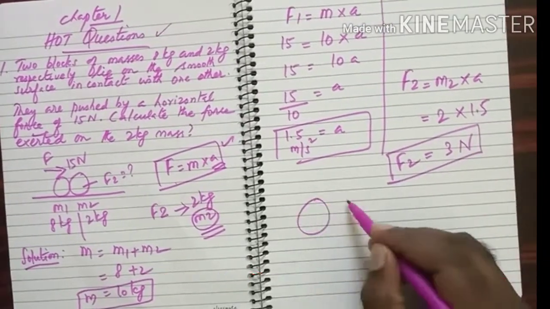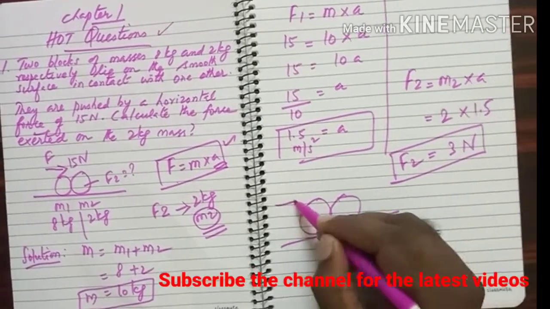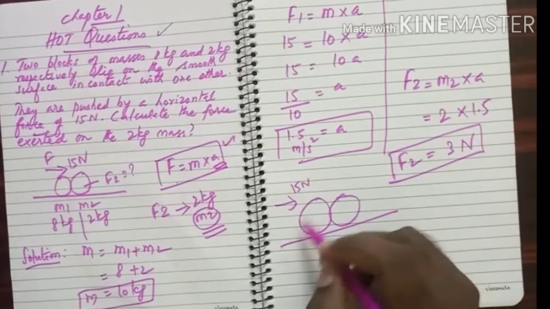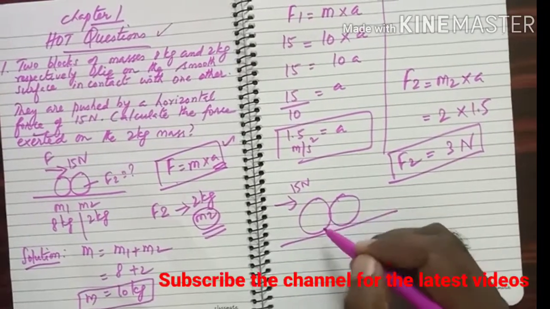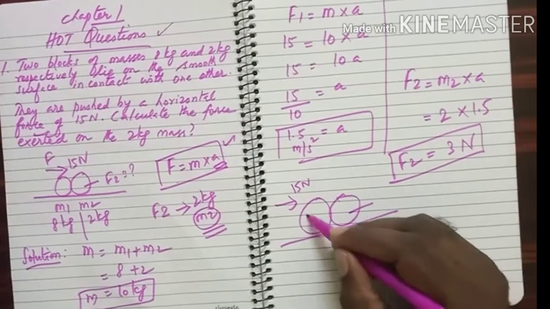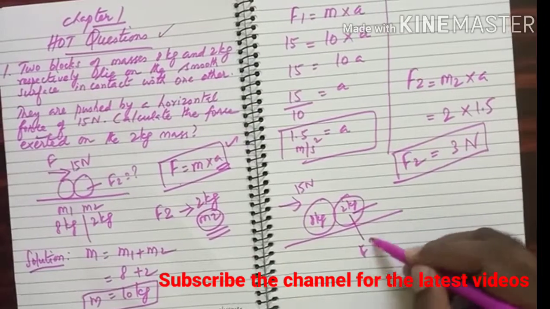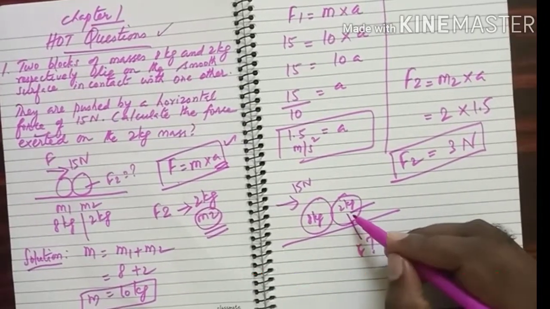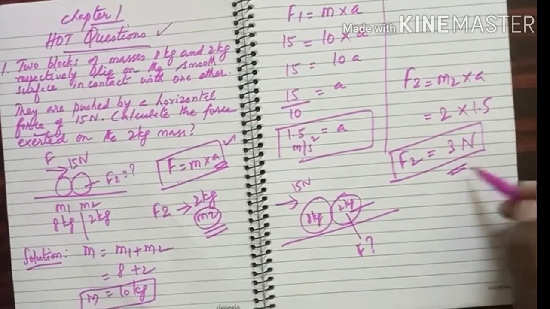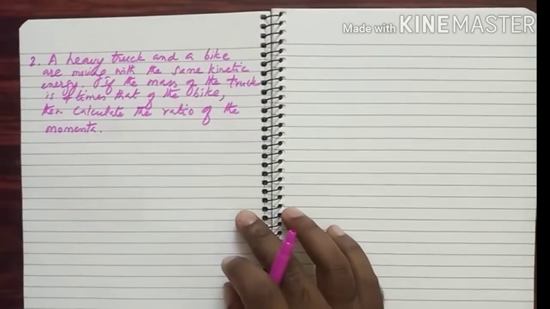When the two objects are moving, 15 Newton has been given as force to the first object. He is asking, this is 8 kg mass and this is 2 kg mass, what is the force exerted on the second object? Definitely it exerts a 3 Newton force. Hope you understand. Let us go to the second question.